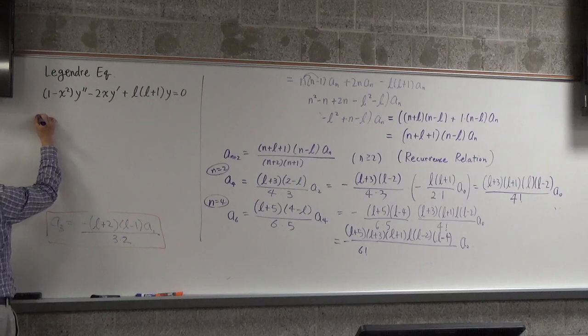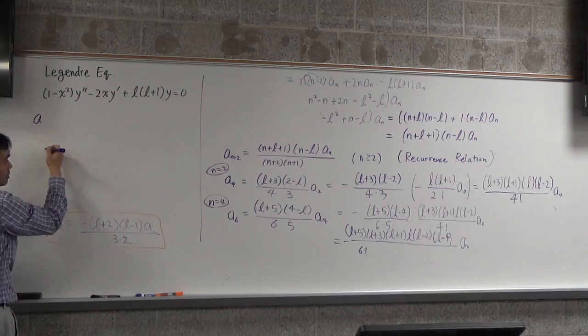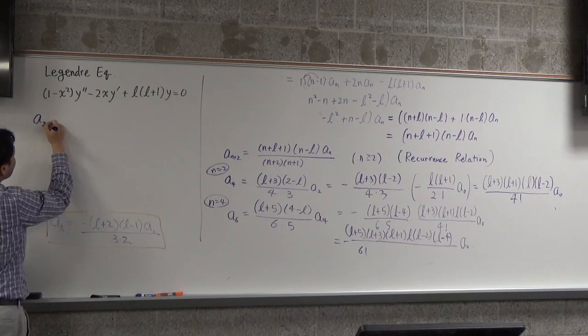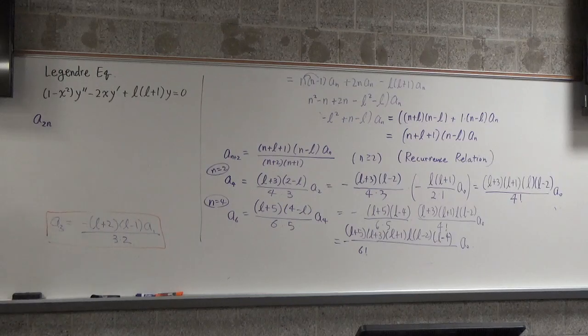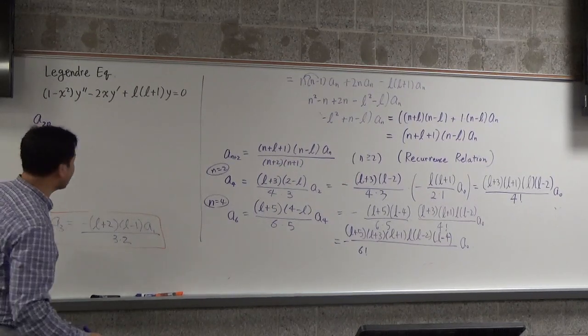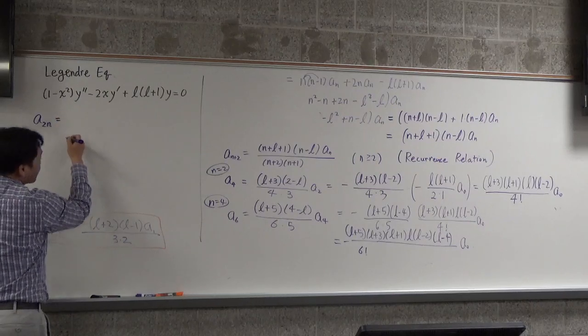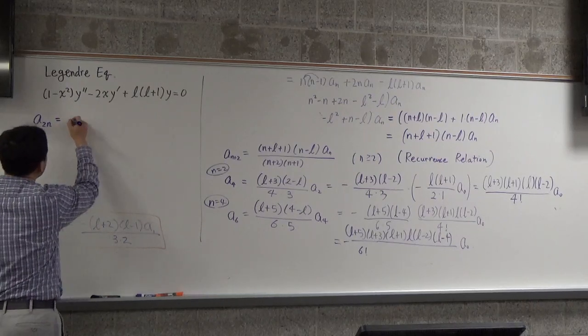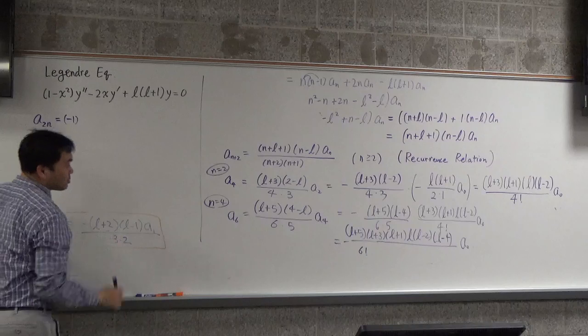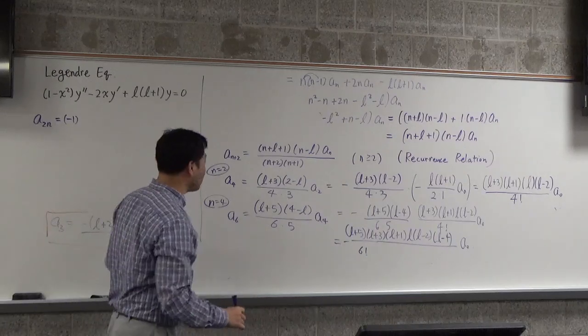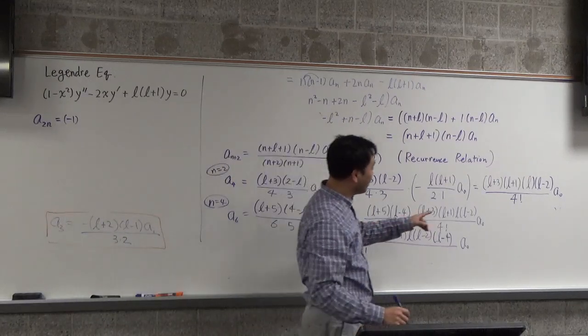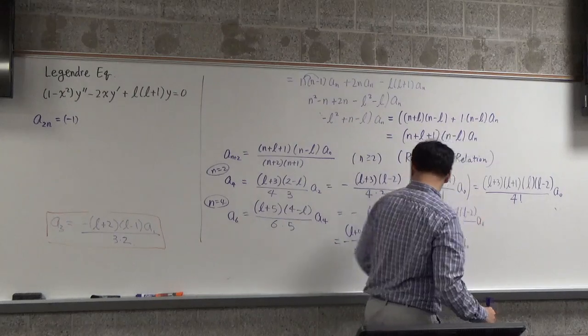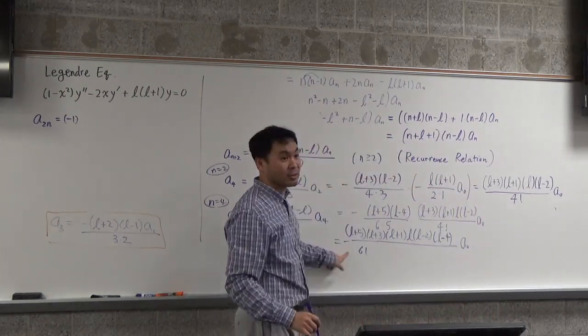So for A even, so when you have 2n, double of a number is an even number, right? If you take any integer and double it, that's an even number. Okay, so that's how I write even numbers. And then negative 1 alternates. So remember, A2 was a minus, A4 was a plus, and then A6 is again a minus, right?